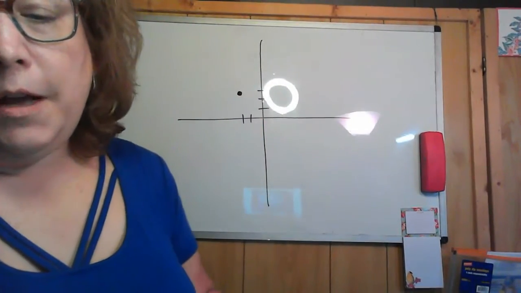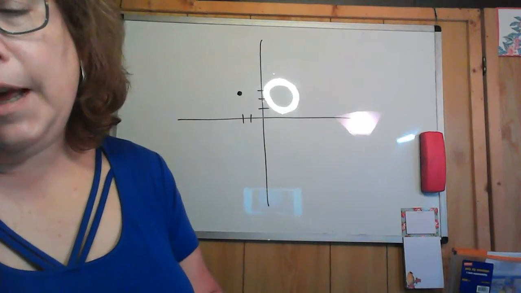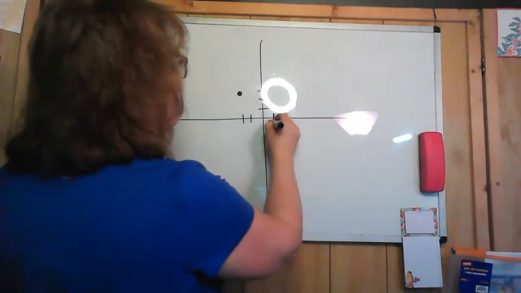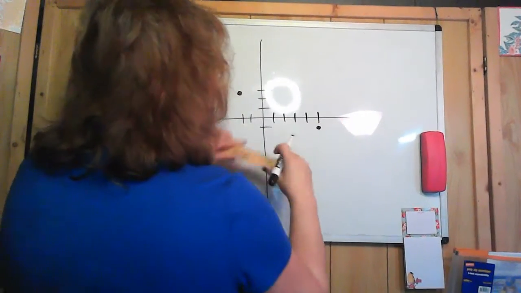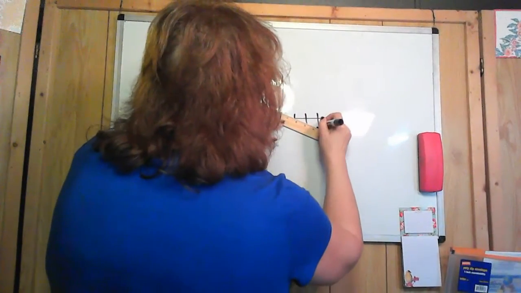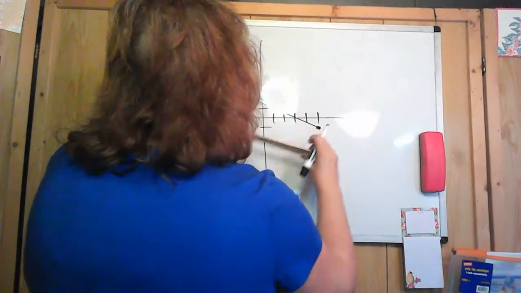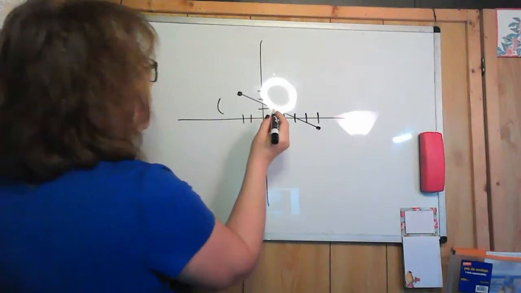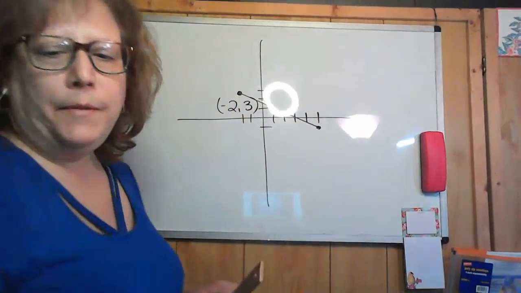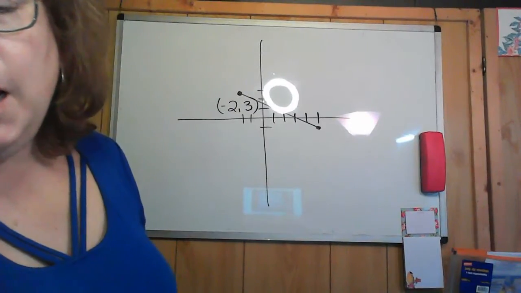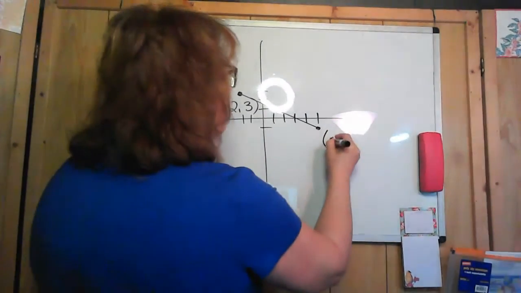And our other point is going to be at 5, -1. So somewhere around here. So here's our 2 points. Let's write them down so that we remember what they were, -2 and 3. Let me make sure I'm right. And 5 and -1.